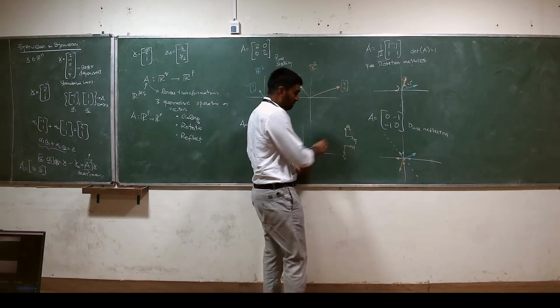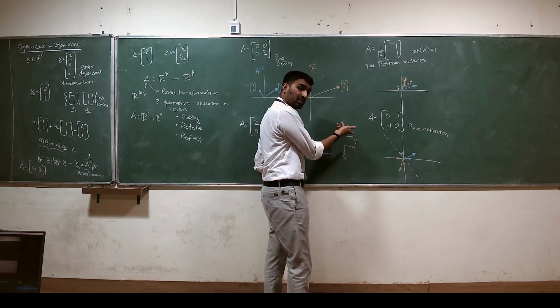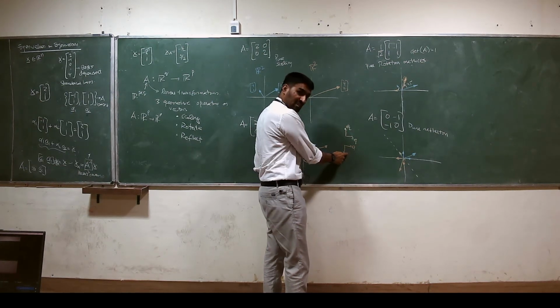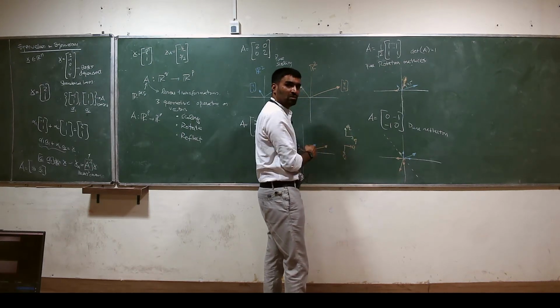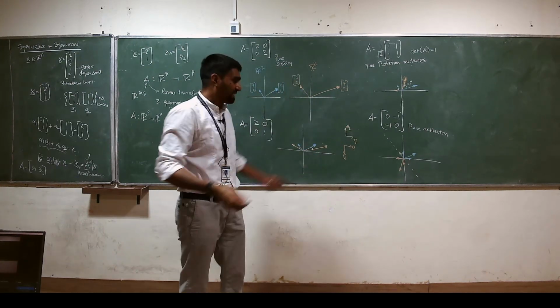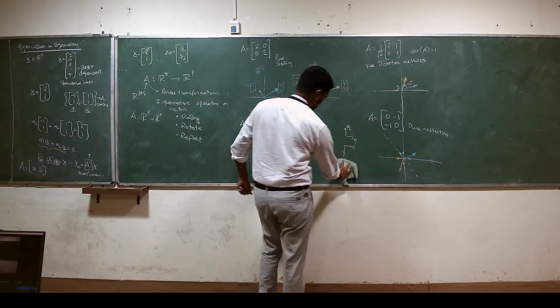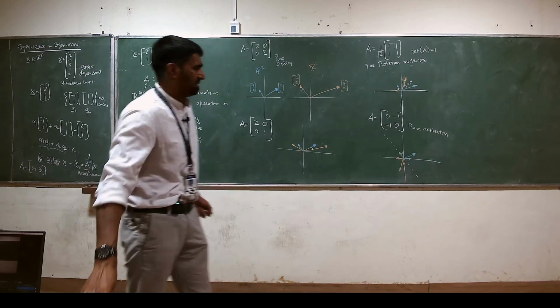Remember, in R2 you can only rotate in the plane, so you can only do this 360-degree rotation. There is no rotation you can do to this to get this. You can say, okay, I will rotate it like this, but this will be E1, this will be E2. You won't have the other way around. The only way you can get it is through reflection. Is that clear? Yeah, okay.